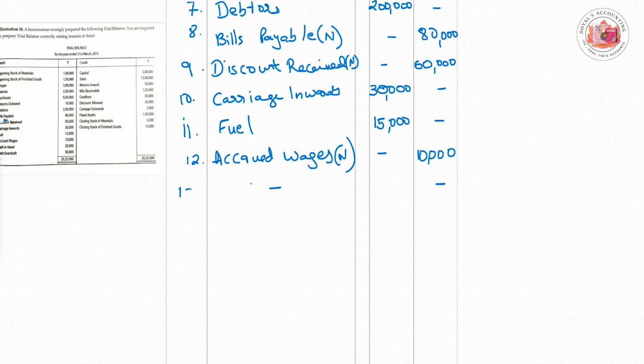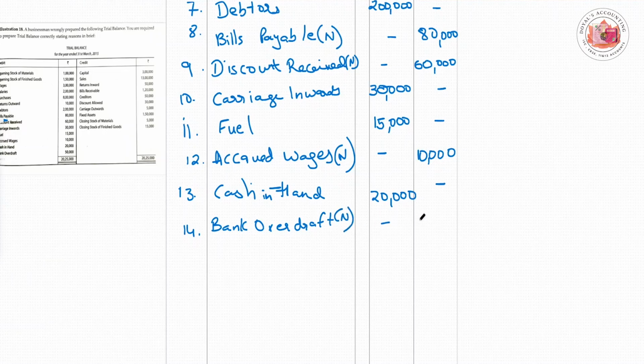Next we have cash in hand. Cash in hand is an asset. So it will have debit balance. This man has recorded that correctly. Next we have bank overdraft. Now I think you know by now that bank overdraft is a liability in nature. So it will have a credit balance and we have to record it on the credit side, not the debit side.